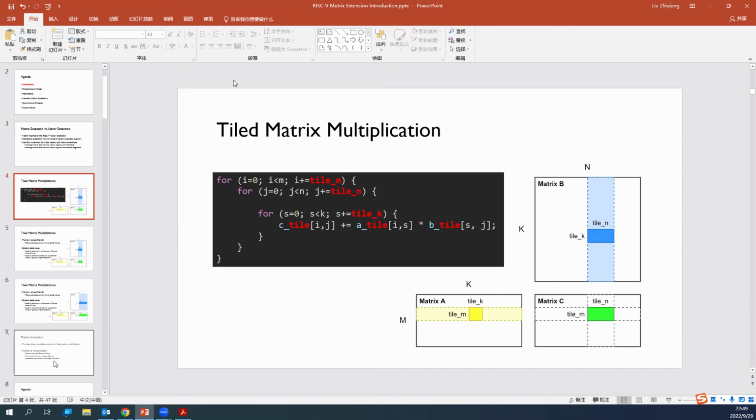Yeah, the vector spec has the exact same problem, and basically the model is save and restore everything if you want to do a context switch. So there are whole register load and whole register save instructions in the vector spec to do this. I'd imagine if you look at the tile matrix extension, you'd need something similar.